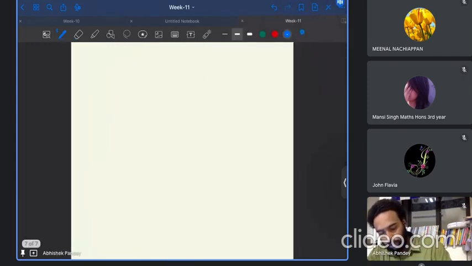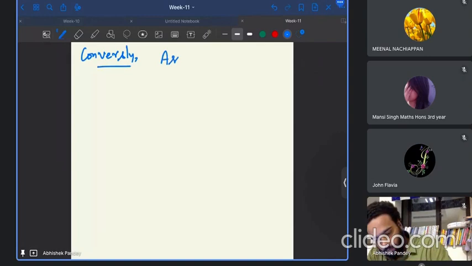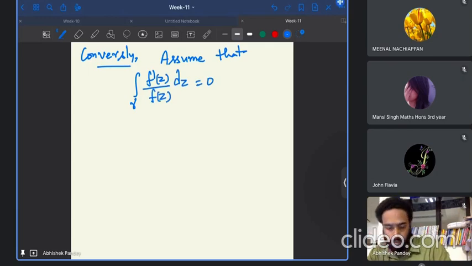Now we will do the converse part. So conversely, assume that the integral over gamma of f dash z by f(z) dz is equal to 0 for every piecewise smooth (PWS) gamma.